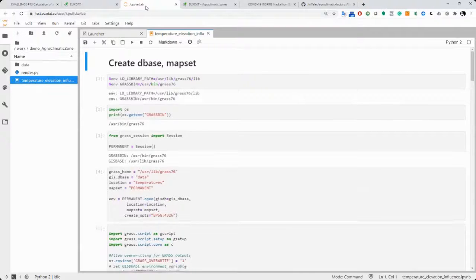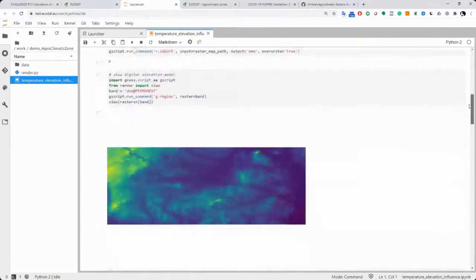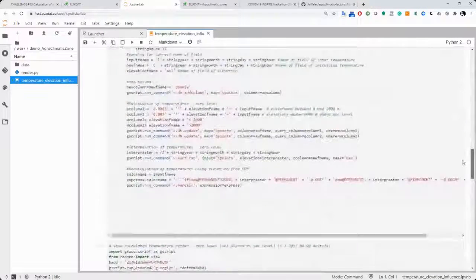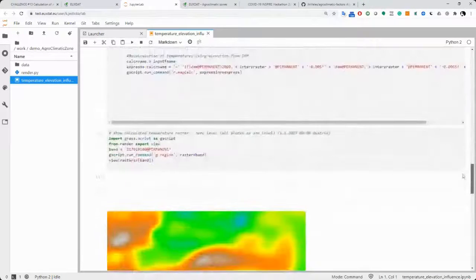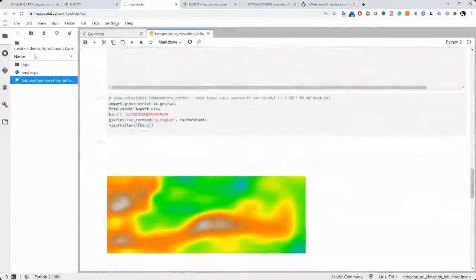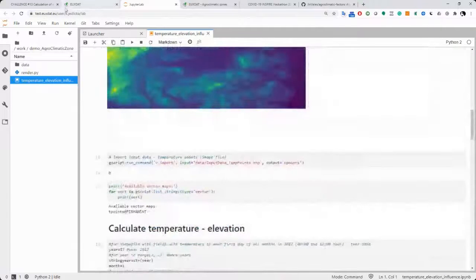You can reach the calculations in two ways. First, when you want to play with the data, there is the Jupyter Notebooks environment you can work with, and you can download the algorithms from GitHub. You can run them here on the server, and you can get the information for your particular area.